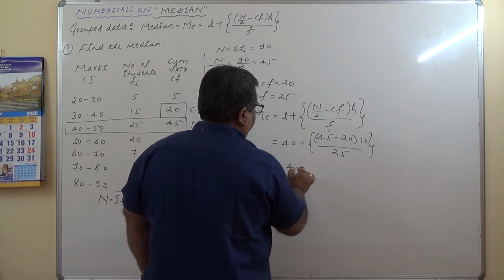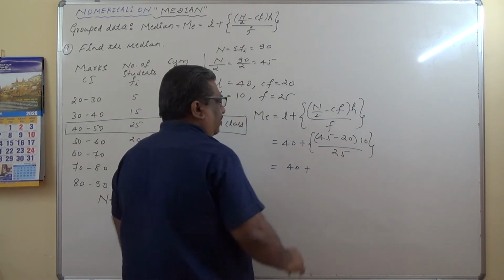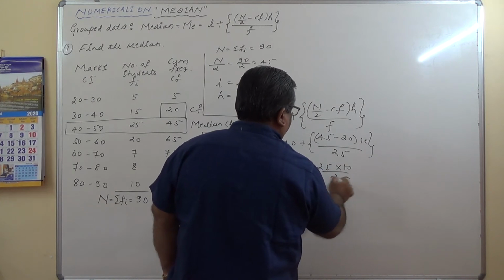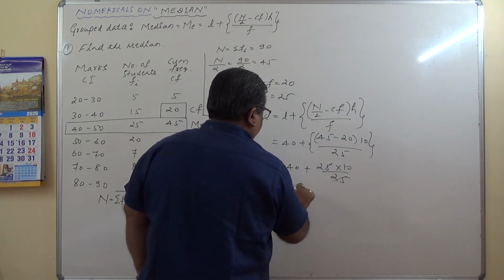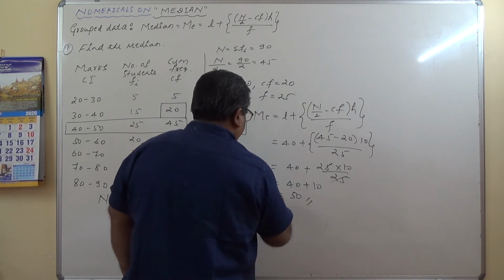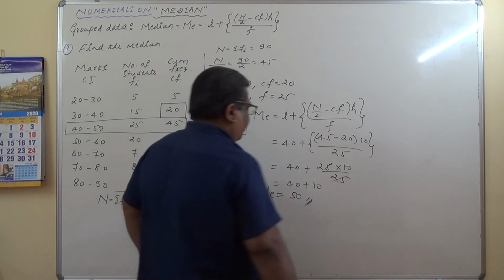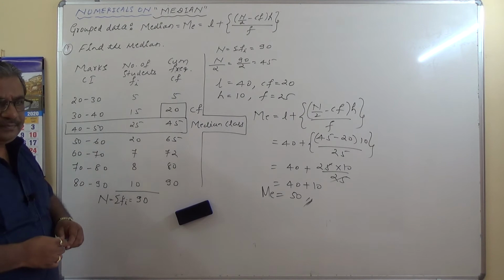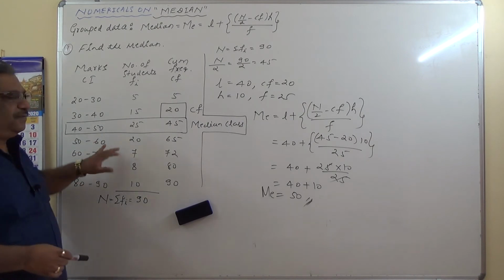This is equal to 40 plus 45 minus 20, 25, into 10 divided by 25. This will cancel, which is equal to 40 plus 10, which is 50, and therefore we got the median as 50. Check the answer please. Median as 50. So make a note of this one.